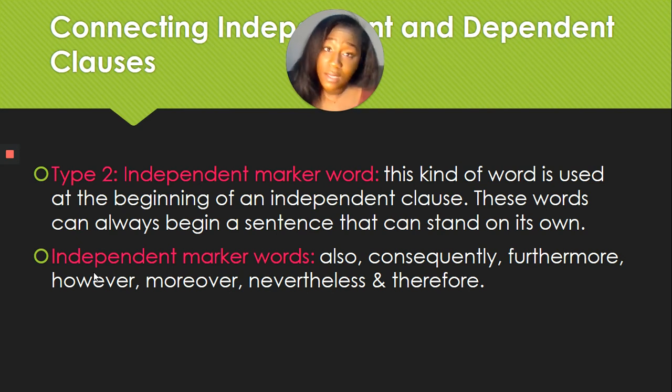If you put a period at the end of it, it's a complete thought. It expresses the who and the what, all right? Those marker words could include consequently. They could include however. They could include therefore, right? Those would be at the beginning of an independent clause, possibly. Not always, sometimes.